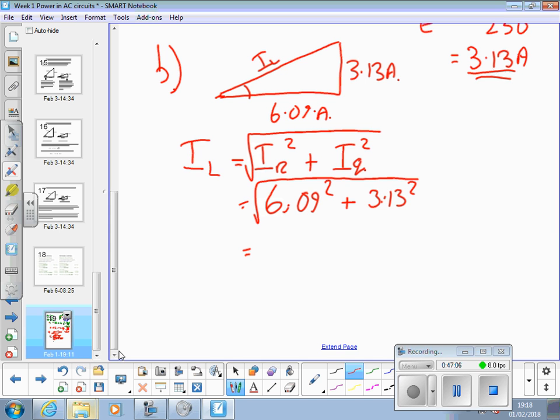And the result of that should be 6.85 amps. But push the button and check it, please. Yeah?